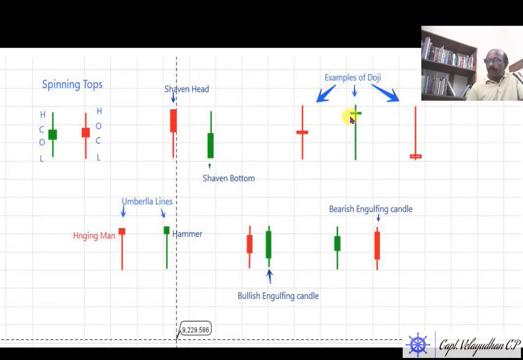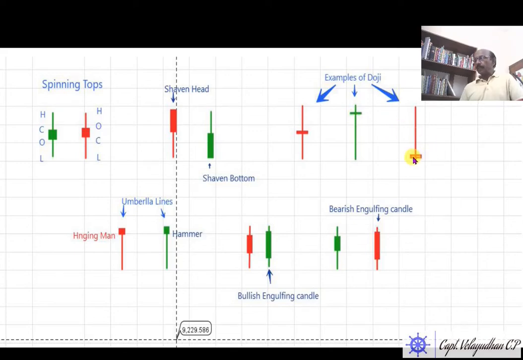Here also this doji, the market opened up here, might have gone up there, then bears pulled down the market. That's why it shows a long lower shadow. Then bulls pulled it back again. But here it closed with a narrow body, which indicates the bulls and bears are in equal strength or equilibrium. This is another small body candle.